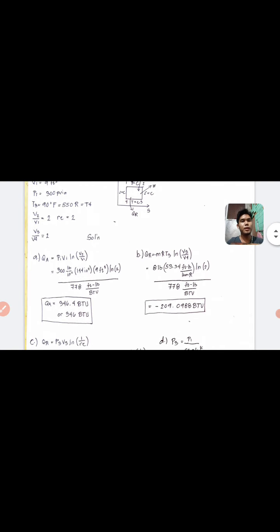Next, for letter B, from the formula, QR is equal to MRT3 ln of V3 over V4.